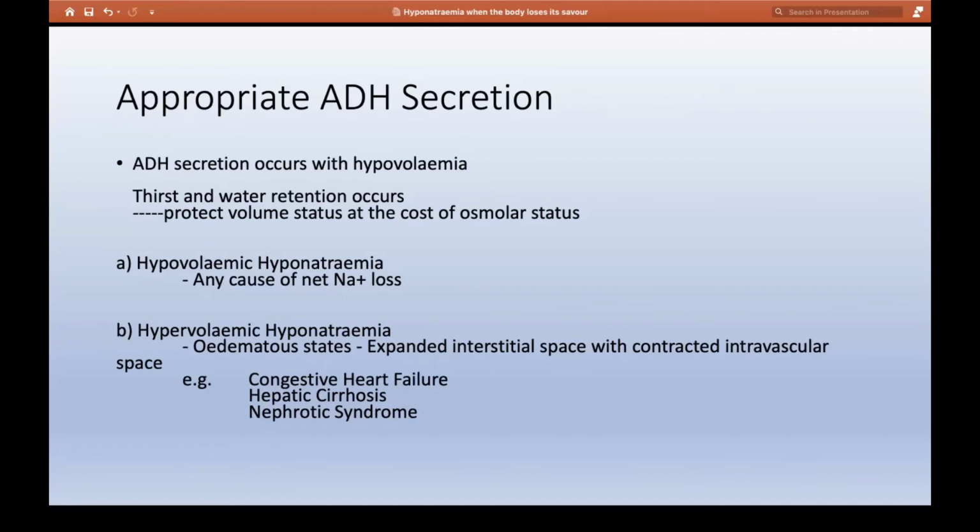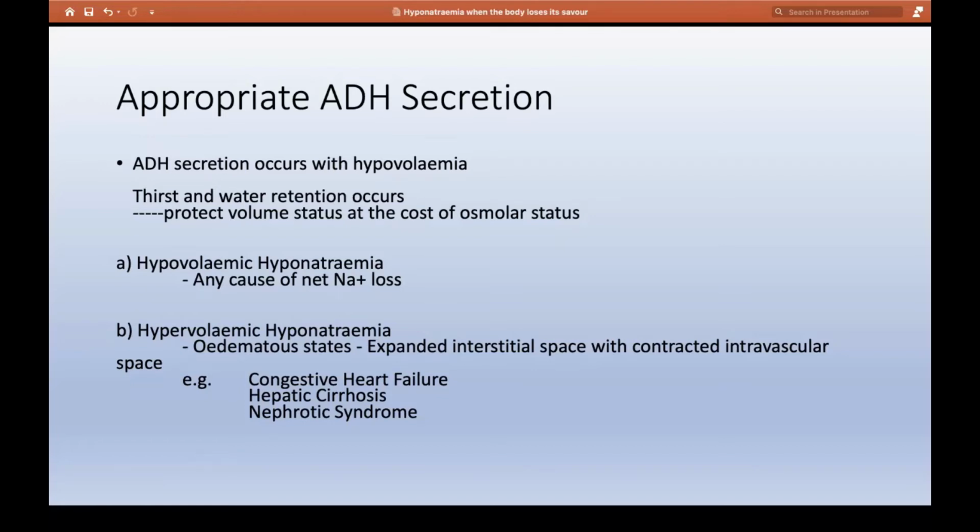So in hypovolemic hyponatremia, any cause of sodium loss can be there, like dehydration, diarrhea, vomiting, or even things like renal salt wasting, where there's stimulation of ADH. Or it can be in a peculiar way because the effective circulatory volume is contracted.